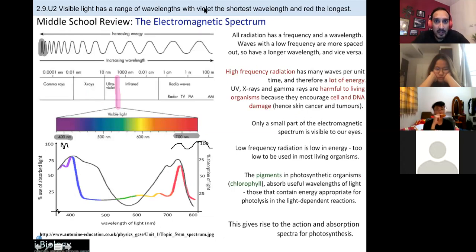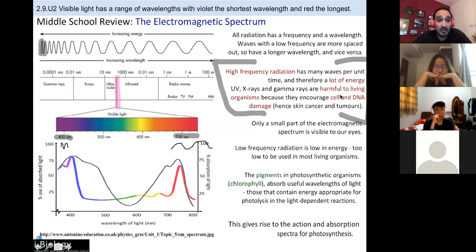This part here is showing us why a plant can only use the visible spectrum. There's a lot of energy in something like UV light, but it's very harmful to the organism. That's why you don't go out in the sun without sunscreen or without covering up, because it can damage the DNA in your skin cells. The same thing would happen to a plant if you shone UV light on it.